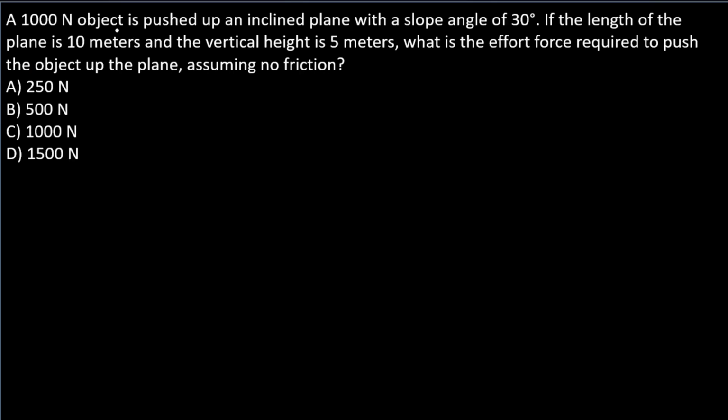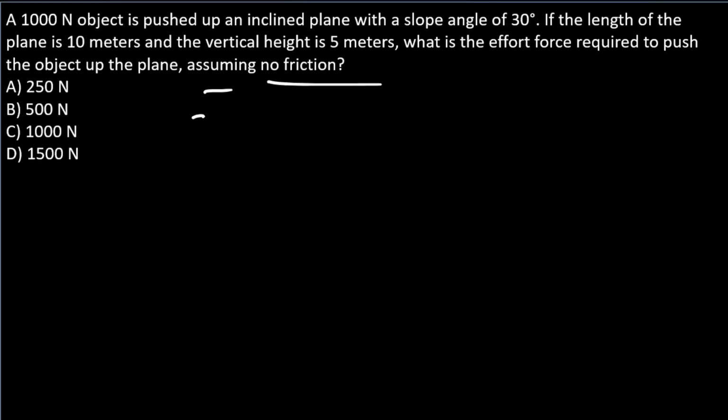Now come to another problem. A 1000 Newton object is pushed up an inclined plane with a slope angle of 30 degrees. If the length of the plane is 10 meters and the vertical height is 5 meters, what is the effort force required to push the object up the plane, assuming no friction? Yes, when there is zero friction, we will easily use our formula.